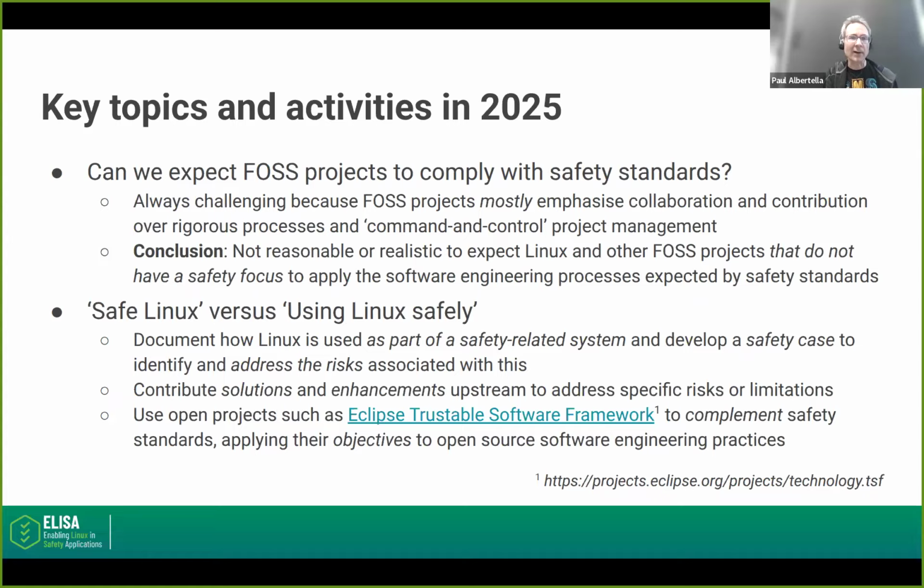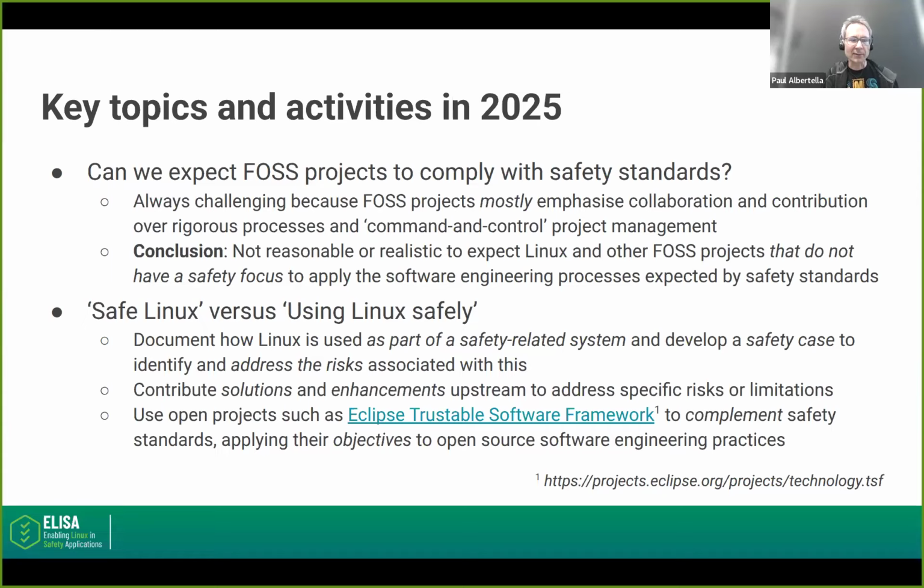They are not like product projects where you have a particular goal and an organization that has command and control over what the people are doing, what the goals are, how you decide whether you've got there. They're very much emphasizing collaboration and contribution. That doesn't mean they don't have some good and often rigorous software engineering processes, but it's hard to enforce that, and it's particularly hard to enforce that towards a clear goal, such as we want it to be safe.